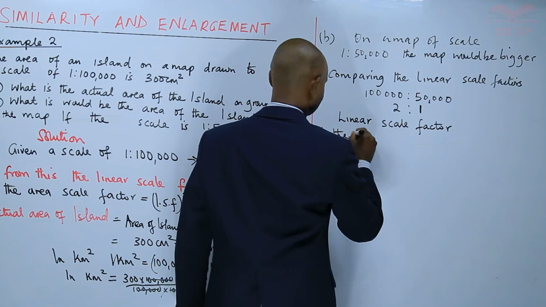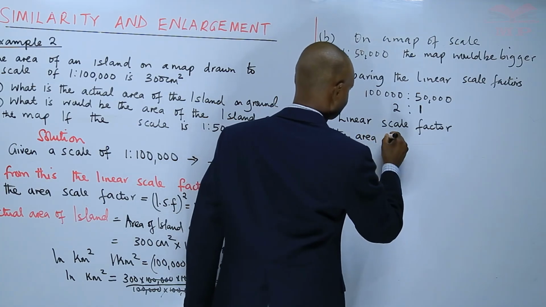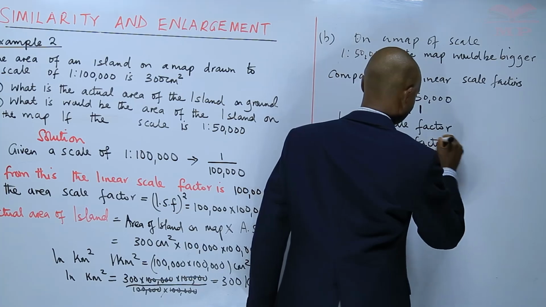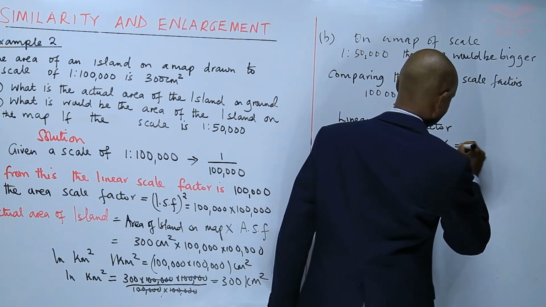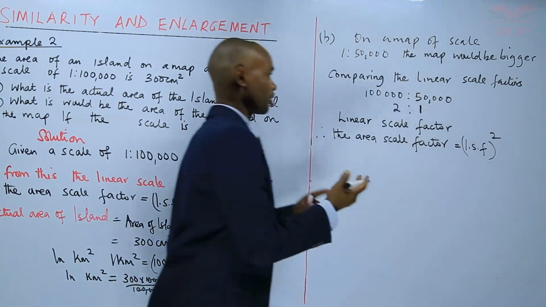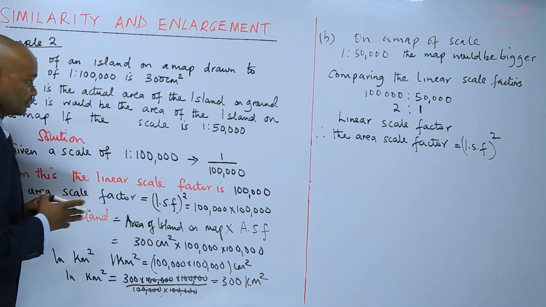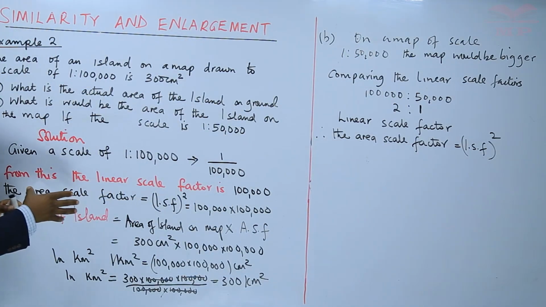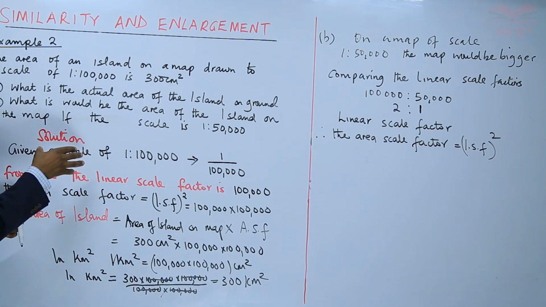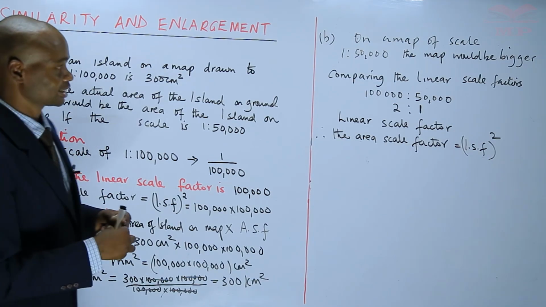Therefore the area scale factor will be equal to the linear scale factor squared when you are comparing the maps. It's like we have in the other lessons, where we used 2 cuboids. Here we are using the first map and the second map.